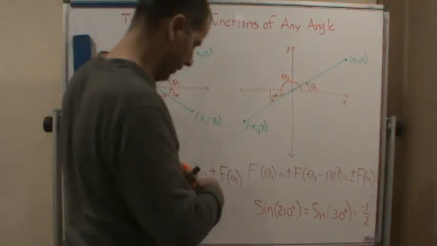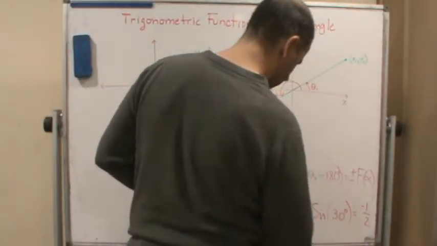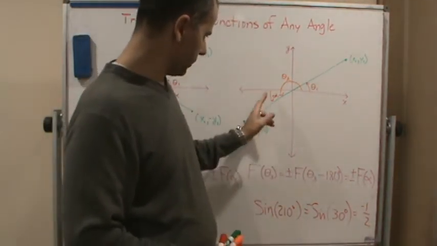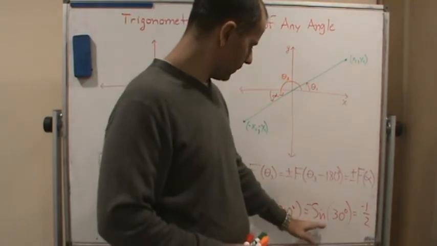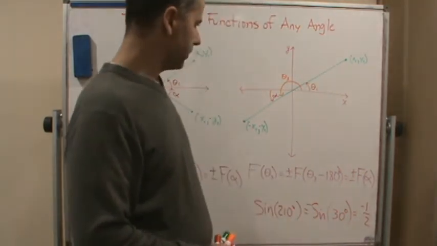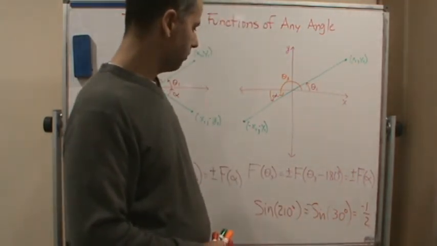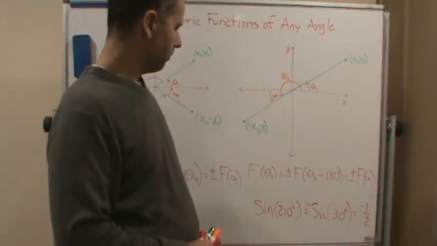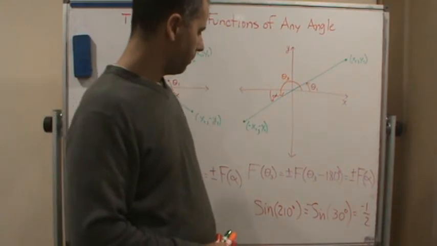This has to be negative. So sine of 210 degrees is going to be negative sine of 30 degrees. Why?